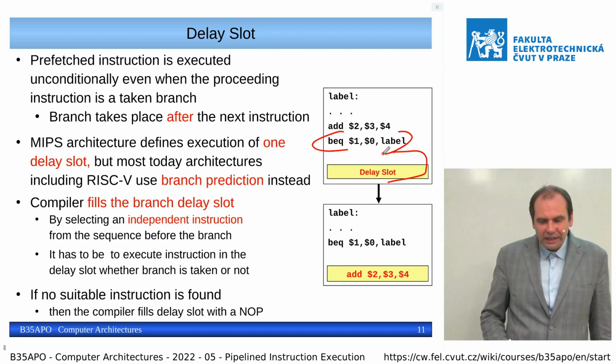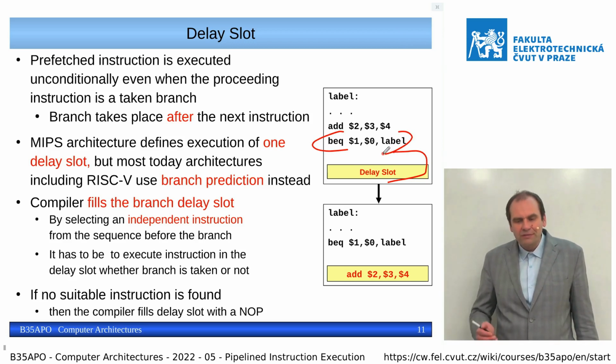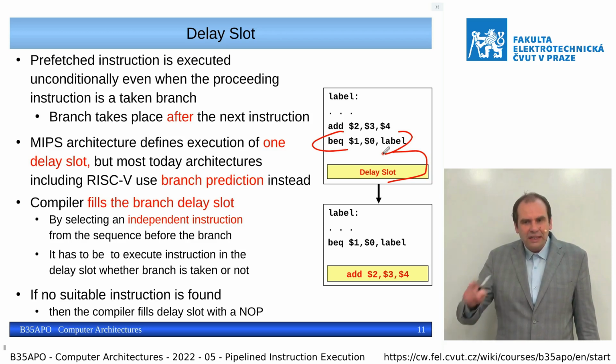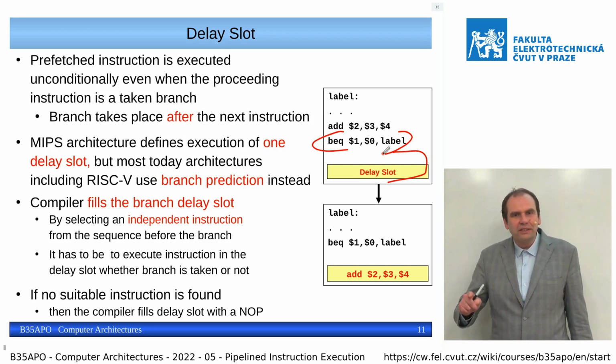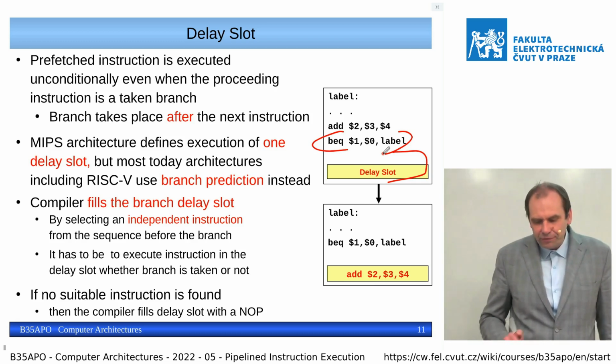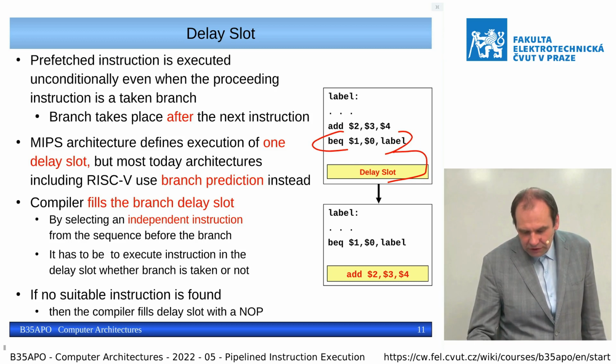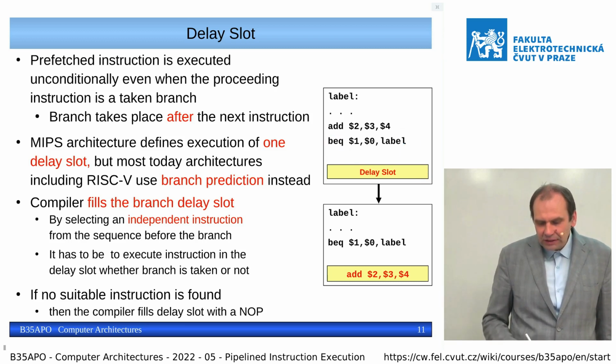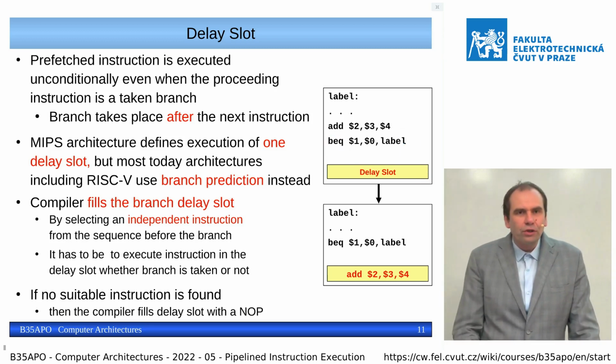So in this case, we have a trouble that we have already fetched an instruction, and we are not sure if the branch doesn't select a different path, so that we in fact should skip that instruction. One option is that we flush such an instruction, which is fetched. The other option is that we allow so-called delay slots.